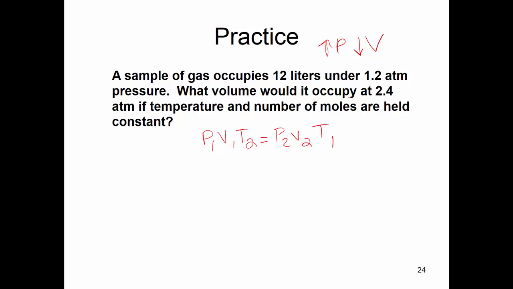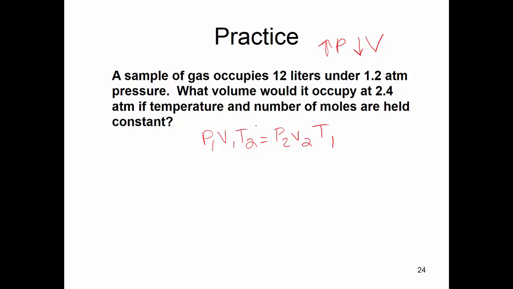So we want to find volume V2, and it says here if temperature and number of moles are held constant. So everything else is constant. I would look at this and say, okay, well, it says temperature is constant. So if you wanted to plug in a number there, you could put 1 and 1, or 273 and 273, or it doesn't matter because it's going to cancel.